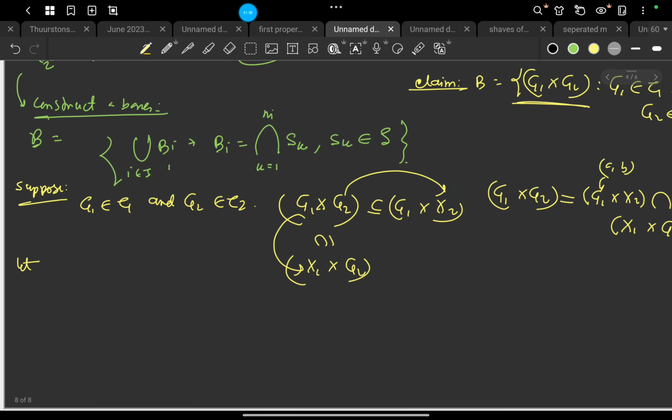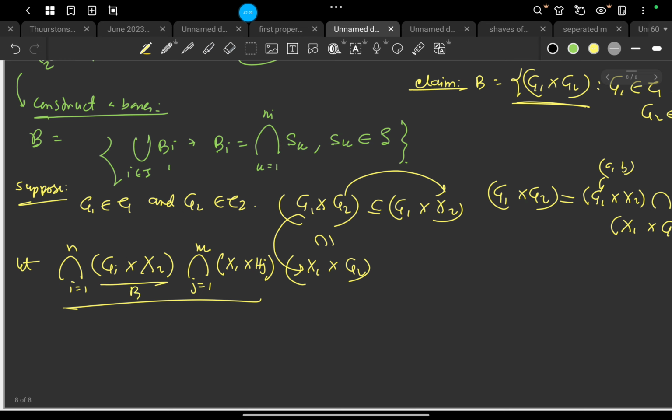Now let us consider another kind of finite intersection of this form: the intersection for i equals 1 to n of Gi cross X2, intersected with the intersection for j equals 1 to m of X1 cross Hj. Let this be any finite intersection from this set. These are the Bi's and these are the Bj's.